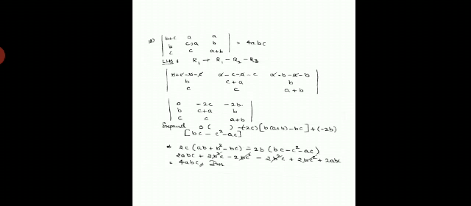That is equal to, simplifying the previous step, minus into minus will be plus 2C into AB plus B square minus BC, plus of minus is minus 2B into BC minus C square minus AC.